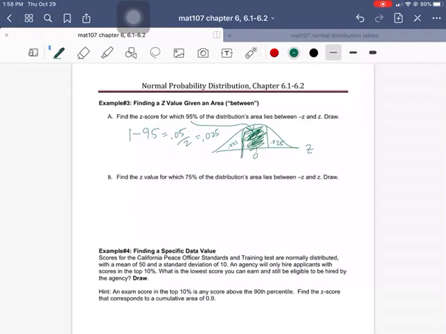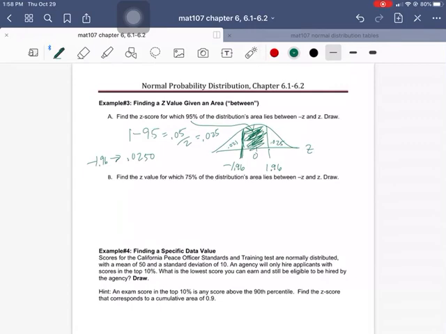Okay, so if I'm looking for this one, I want to use 0.0250 and look that up. And that's under, remember, that's going to be negative 1.96, 1.9 and then 6 the other way. So this is going to come out to negative 1.96, which means this is a positive 1.96.